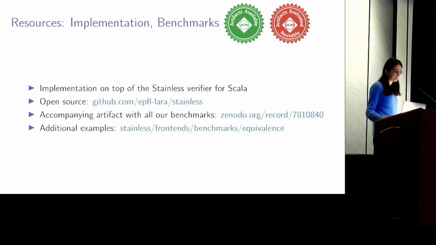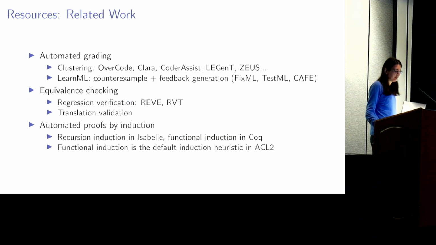All right. So we implemented all of this on top of the Stainless verifier. Stainless is open source. You also have our artifacts publicly available. You have all the benchmarks there and all those results. I should also mention that there is a lot of great related work in all those 3 areas.